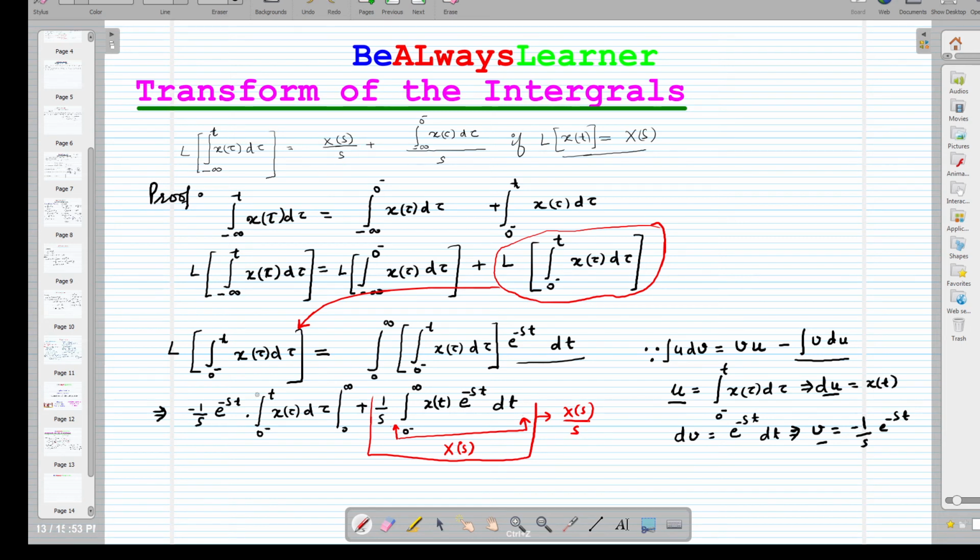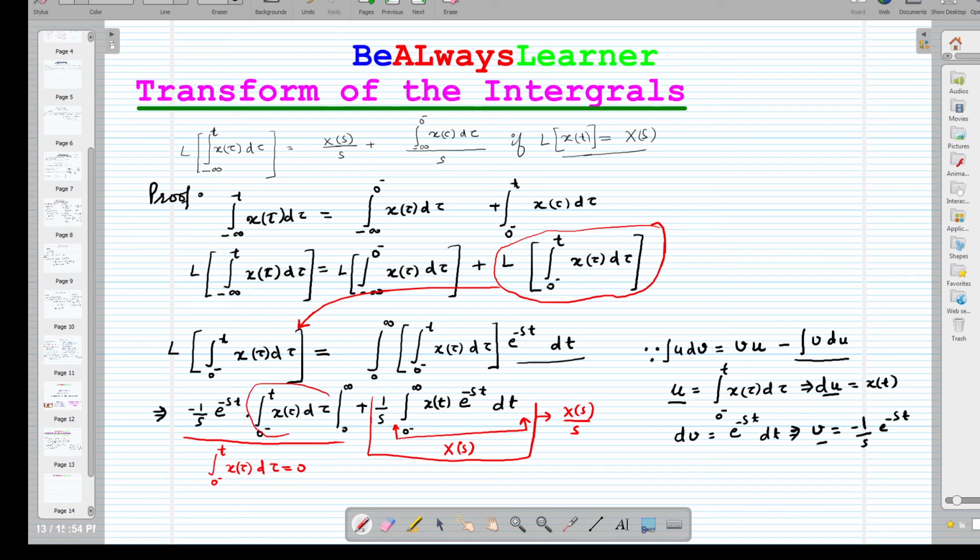Fine. Now this first term vanishes, since e raised to the power minus st approaches 0 as t tends to infinity. At the lower limit, the integration from 0 negative to t of x(tau) d tau is equal to 0.